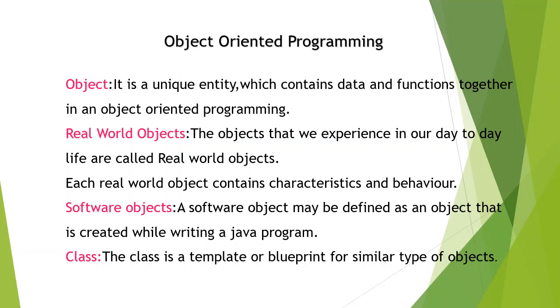A class is a template or blueprint. Okay, so if you have that template in your hand, if you have that design in your hand, you can build many number of houses by using this plan. In the same way, if you build or create a class, you can create many number of objects. Okay, understand?